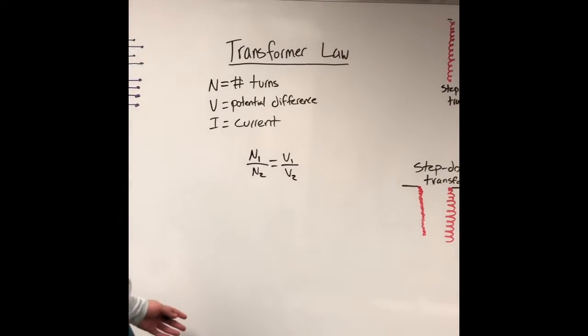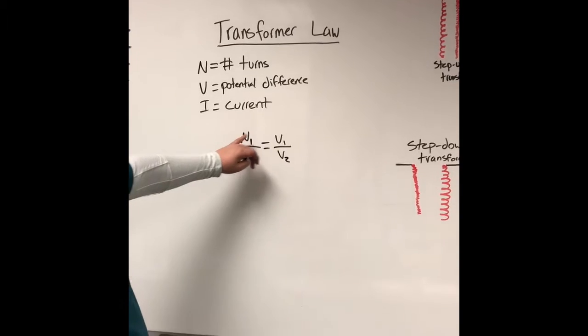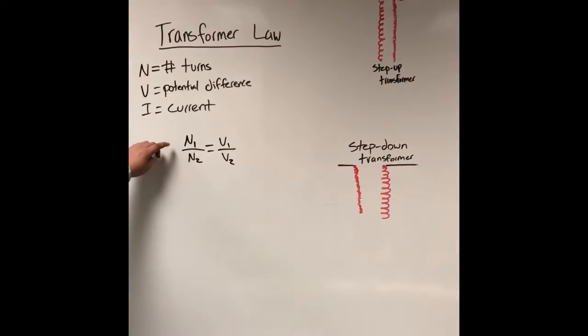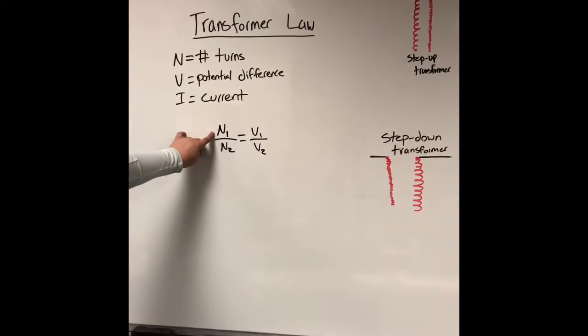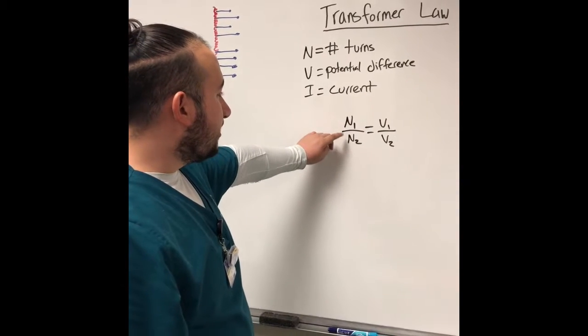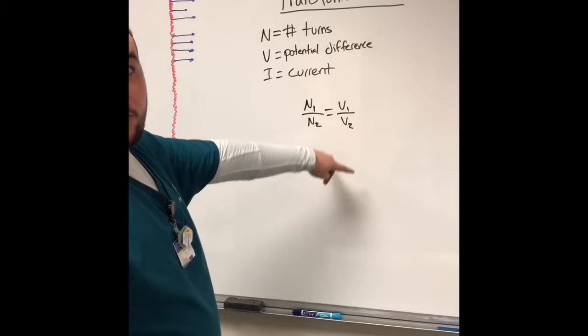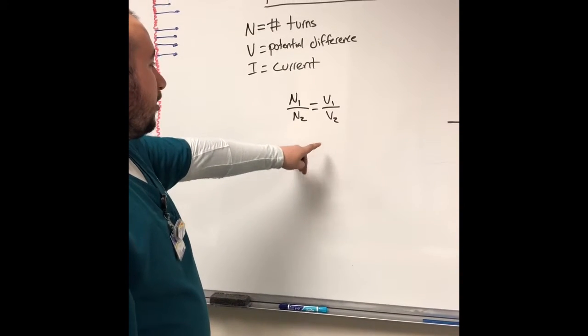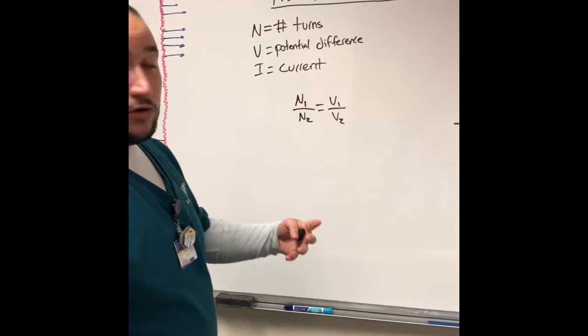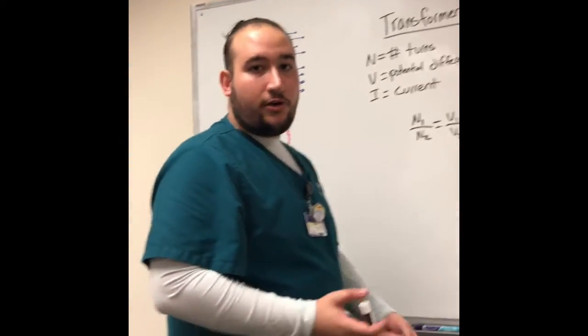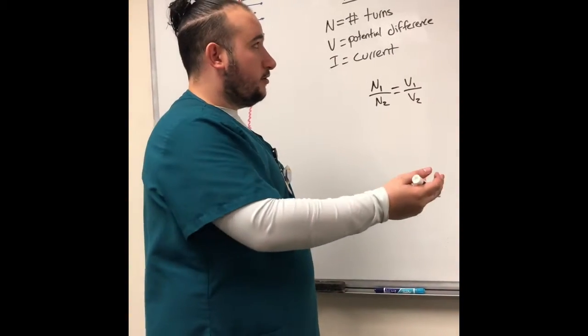So for an example, in a step-up transformer, the number of turns in the primary is less than the number of turns in the secondary. So the voltage would have to increase, because the number of turns in a coil is also referred to as a solenoid, which is a magnetic field created when current runs through a wire or a coil.